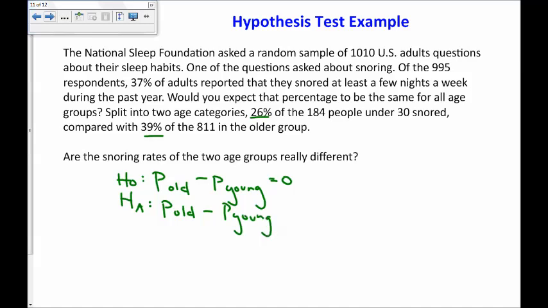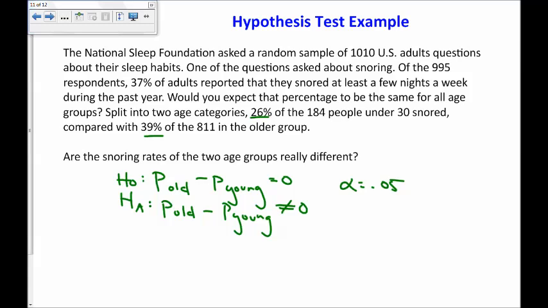This is an interesting one, because from the data we're kind of asking, is it more likely that old people snore? But we're supposed to make this hypothesis before we collect any data, so let's just ask to see if it's different. Instead of it being greater than 0, meaning old people are more likely to snore, let's have it be not equal to 0, seeing if there's a difference between old and young people in how likely they are to snore. I'll state my alpha level to be 0.05 because I have no reason for it to be higher or lower than normal.